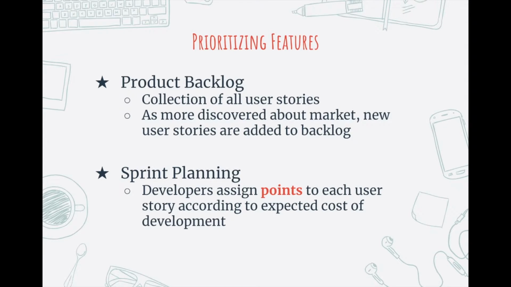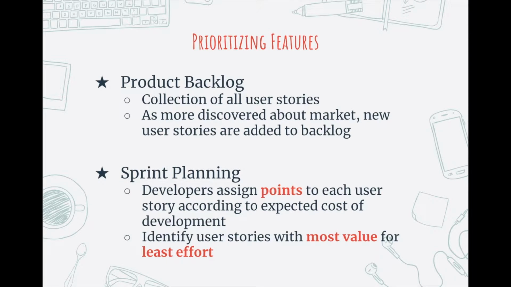That includes how many people might be involved, any additional technologies that need to be purchased or other costs like that, as well as the difficulty and how much time will be expended developing that feature.